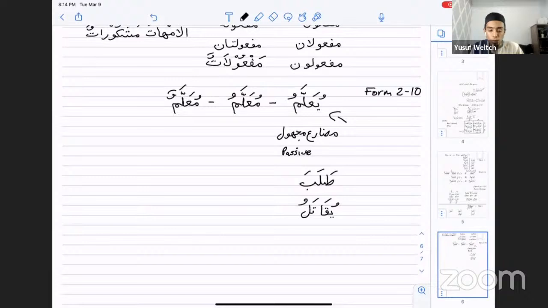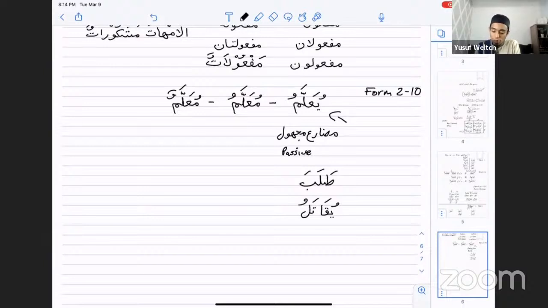What does يقاتل mean? Anyone? The word قتل? To kill? It means to fight. So it's from both sides. قتل is to kill. So يقاتل means the one who's being fought against.